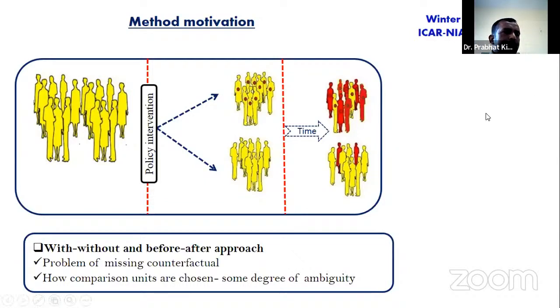Suppose person A has got the treatment, and you compare with person B, who has not, thinking that both are very similar. Here you are assuming that both are similar and then looking at the effect.